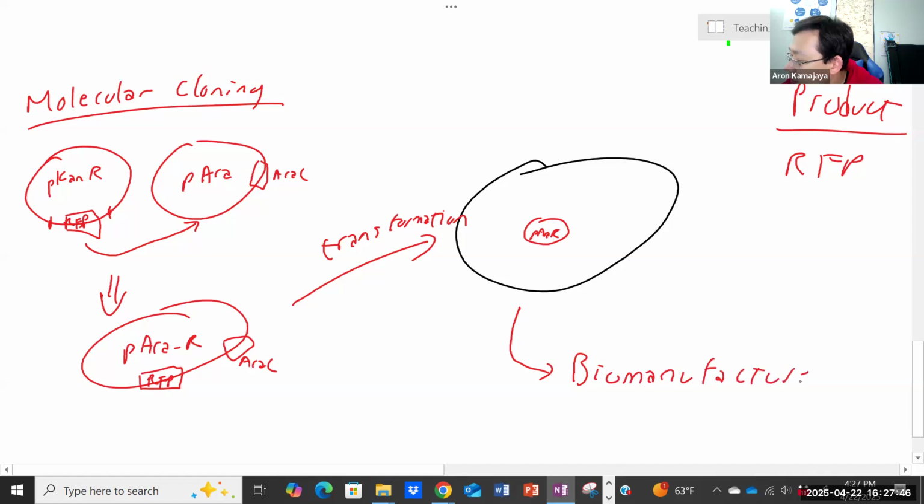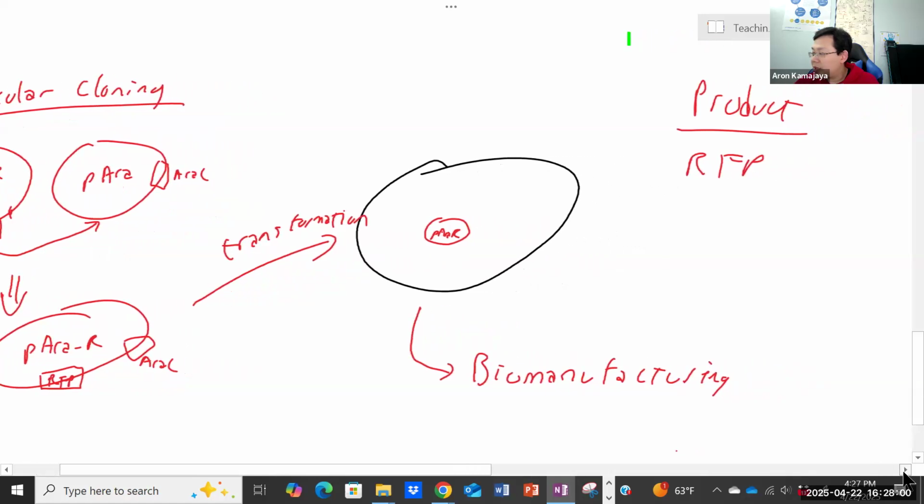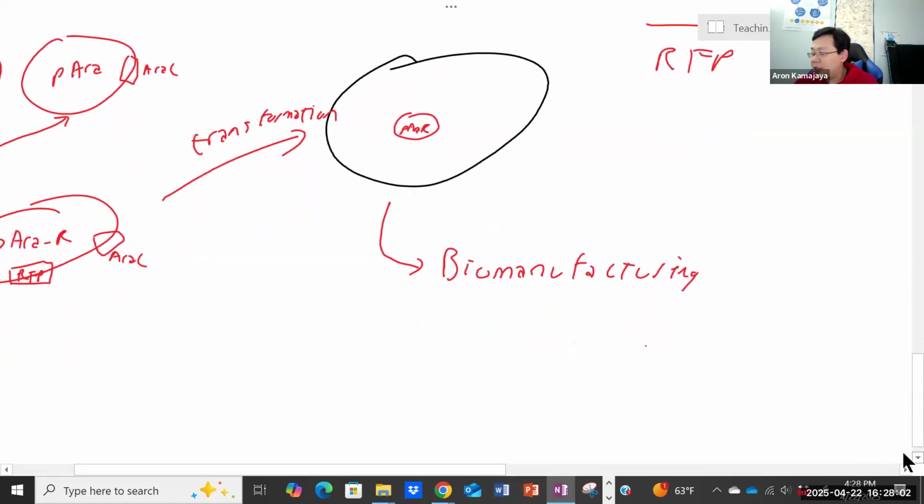So once you have your genes in the cell and you want to scale it up in the production phase, that is what we call biomanufacturing. Now, in general, biomanufacturing can be divided into two processes, right? The first one is what we call upstream processing.